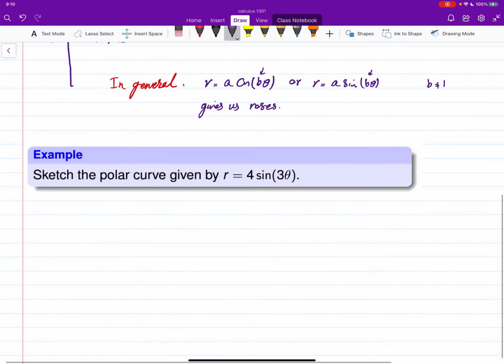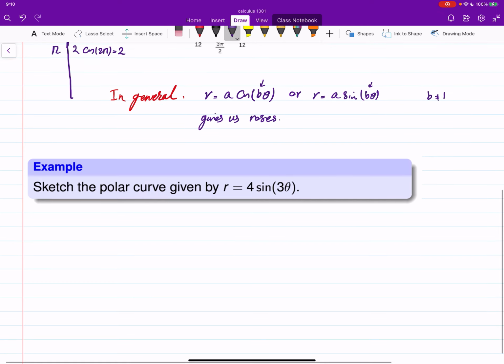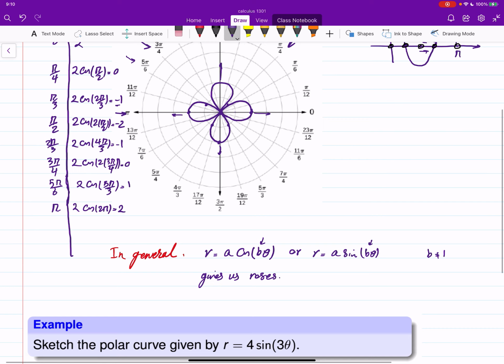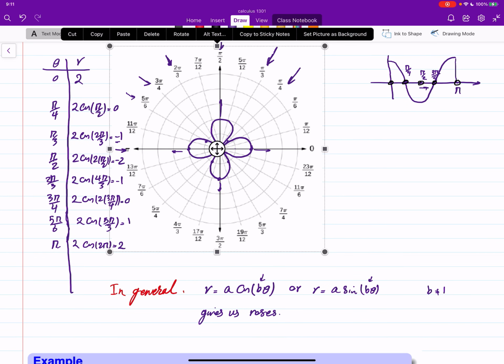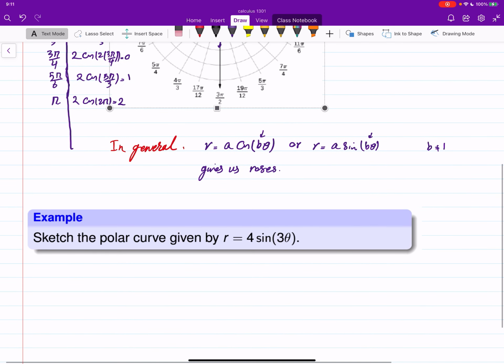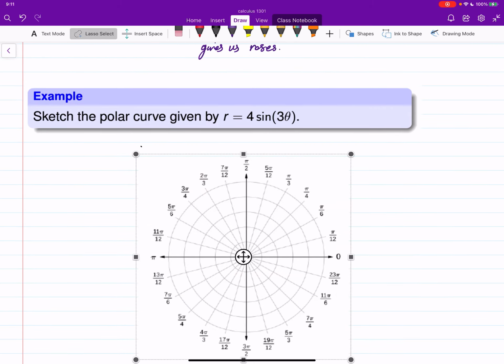Okay? For example, this one here for sine 3 theta, I won't do all the steps. I'll just draw some of the important ones. Let me pick my copy and then paste it here. So here, for example, starting from 0, we will stay at origin.